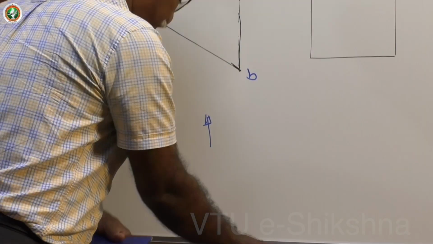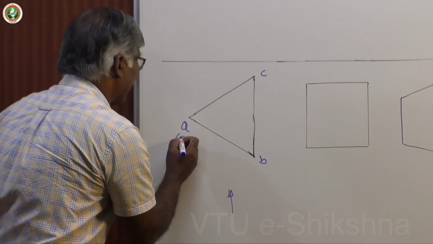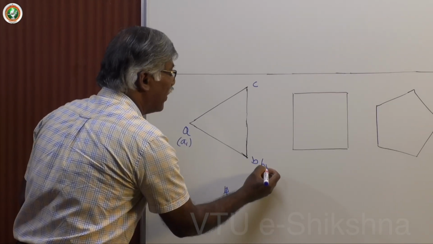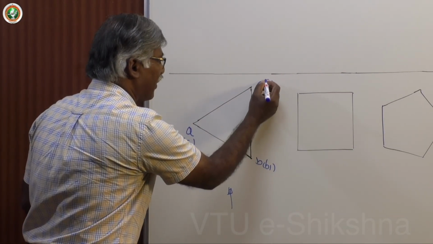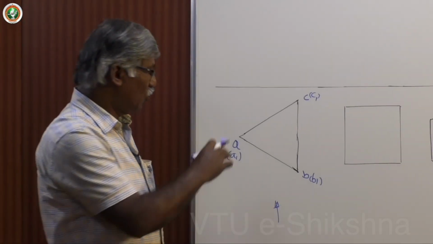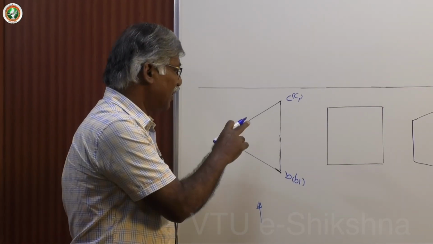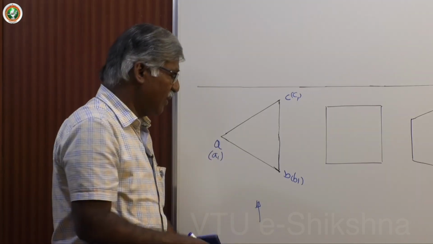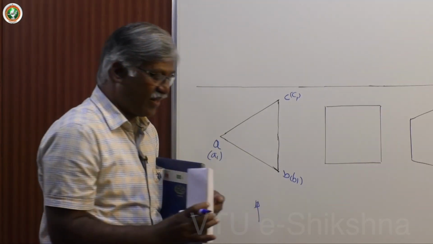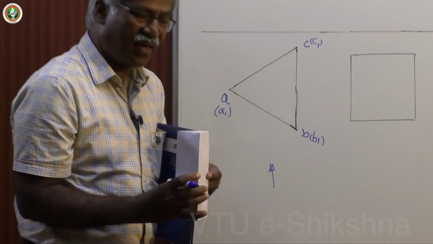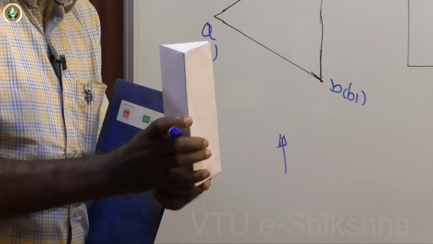Now let me keep that in brackets: A1, B1, C1. This is how you name the top view of the solid, particularly a triangular prism, when one of the rectangular faces or lateral faces is perpendicular to VP and the base is on HP.